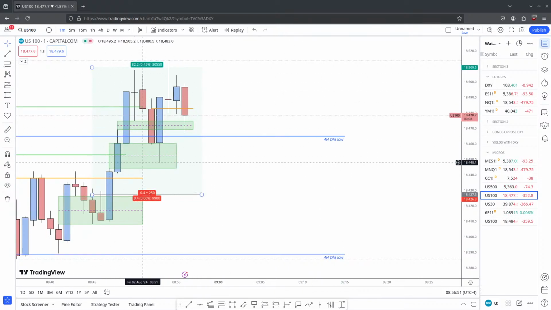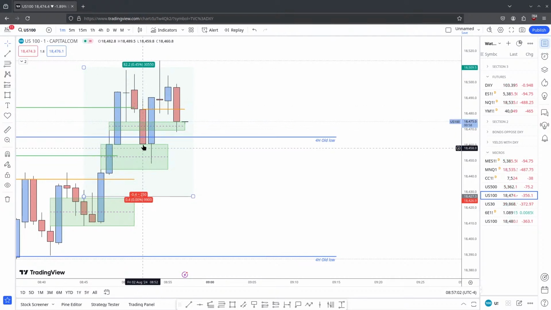Let's watch this fair value gap. It still follows along with this consequent encroachment, this mean threshold of this order block. So watch that level there. Let's see if we get any support.